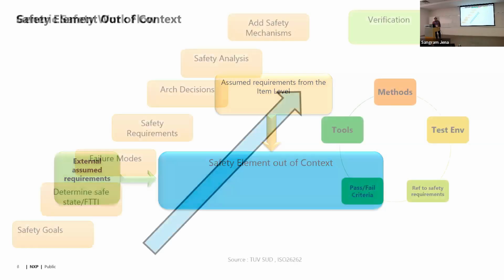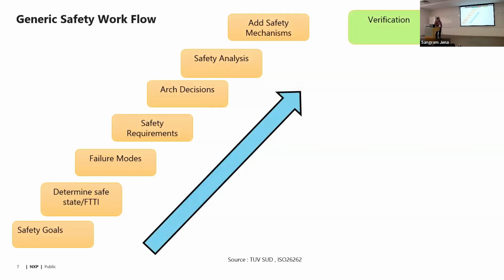There are instances where, if you have a lead customer who wants you to develop a specific product for them, then obviously safety element out of context doesn't apply. But in general, it is a pretty standard way of designing most safety relevant products.